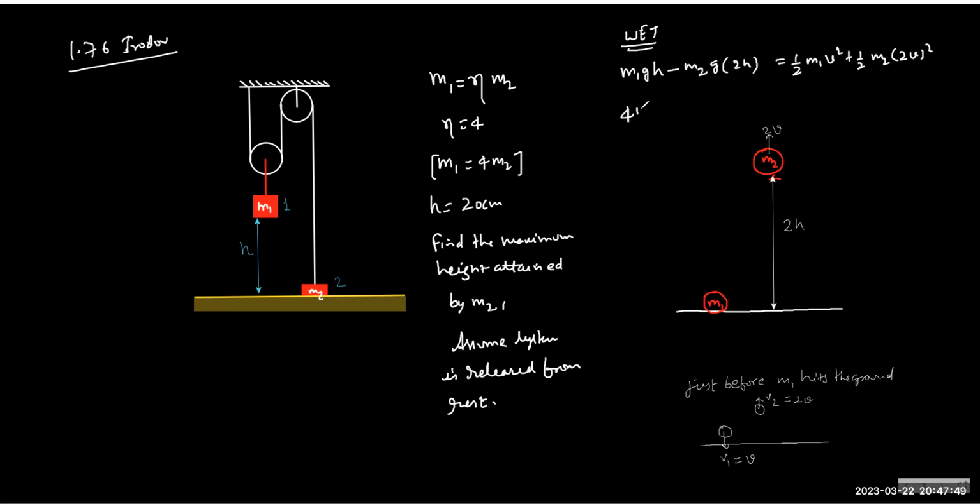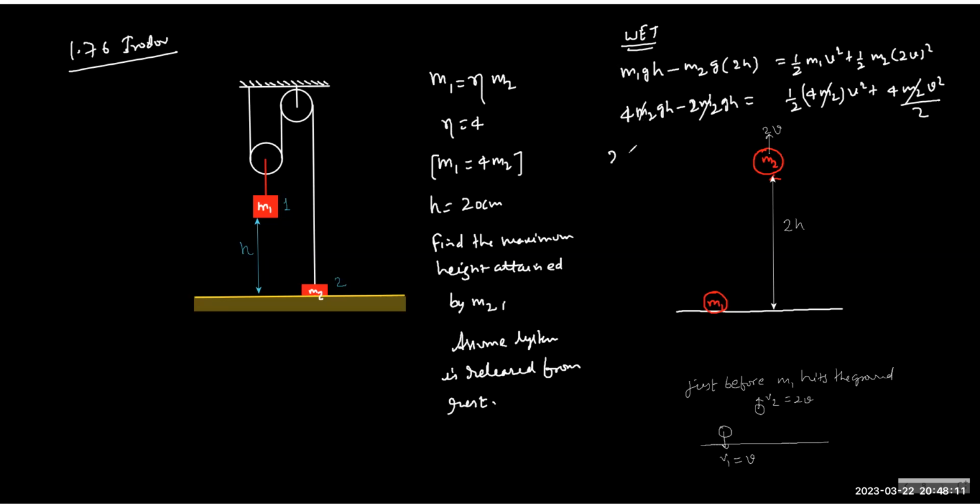So 4M2 gH minus 2M2 gH equals half 4M2 V square plus half M2 4V square. So M2 gets cancelled everywhere, right? That's the whole purpose.